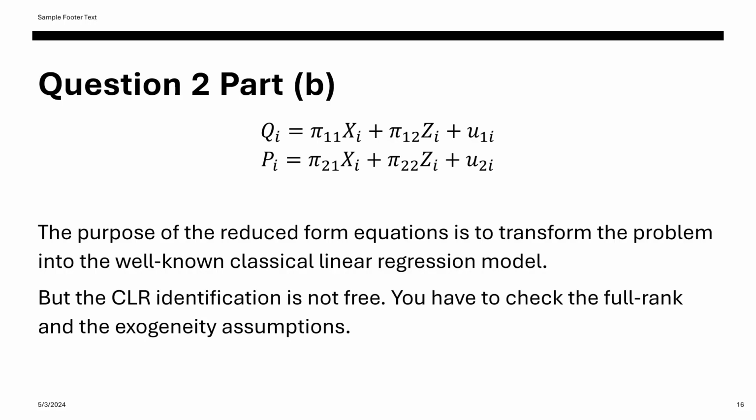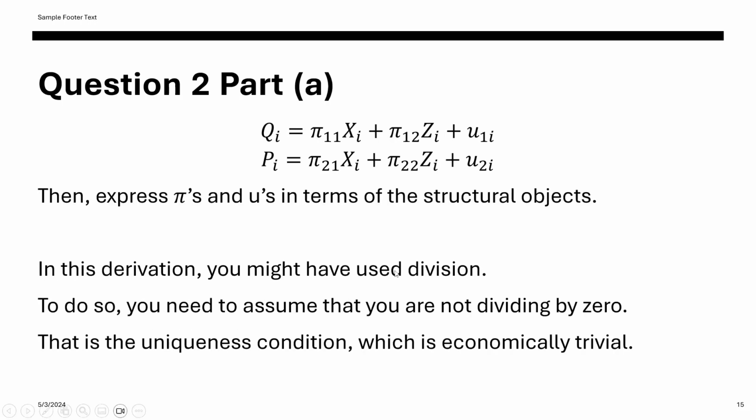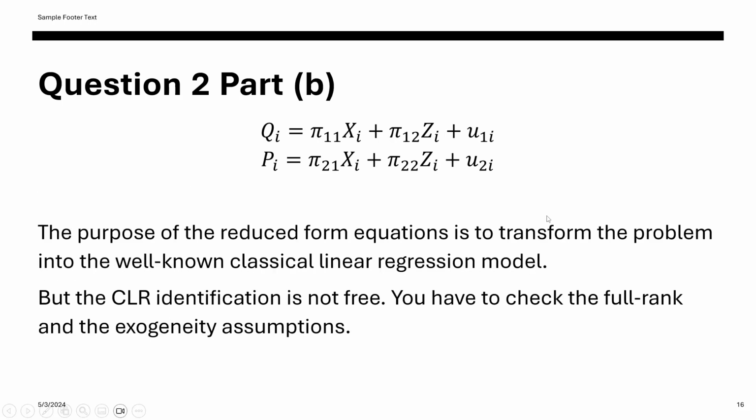In class, I proceeded as if it is obvious. In some sense that is right, but we cannot take it just for granted. You need to think about the basic assumptions like the full rank assumption and the exogeneity assumption, even though they are obvious and clear. You have to make sure you are not dividing by zero. You have to think about the full rank assumption, for example.